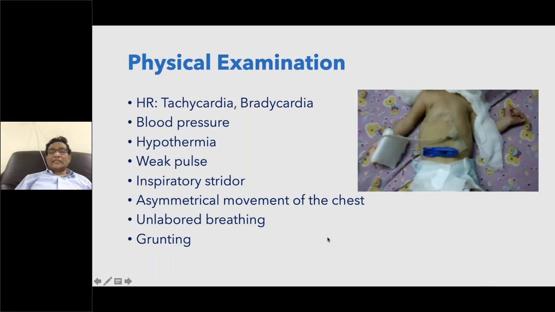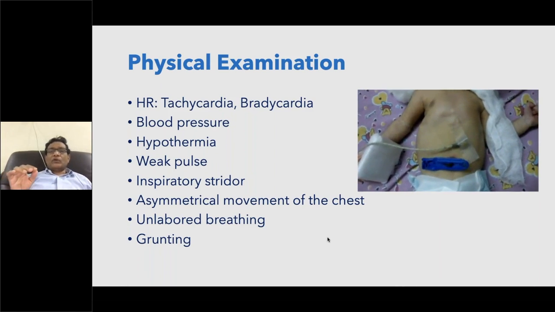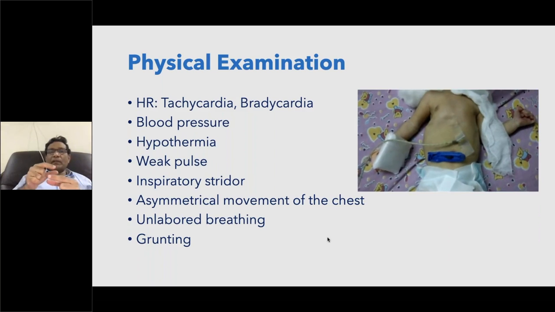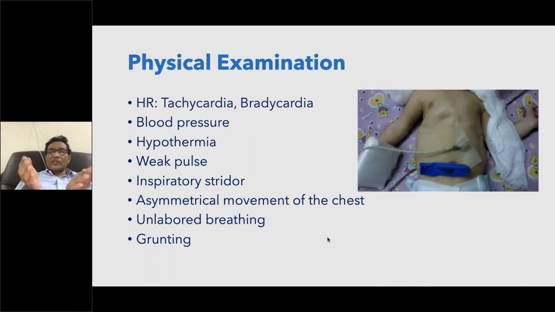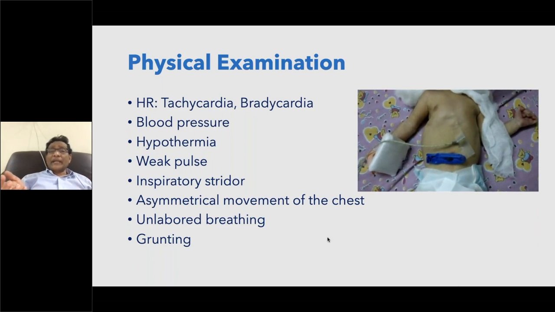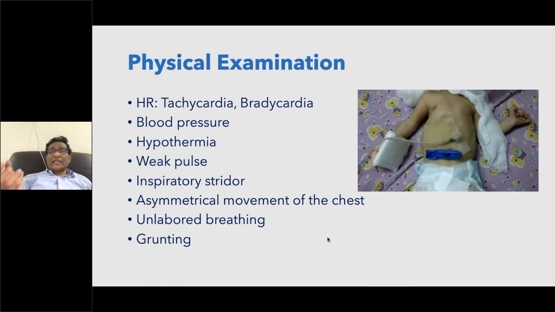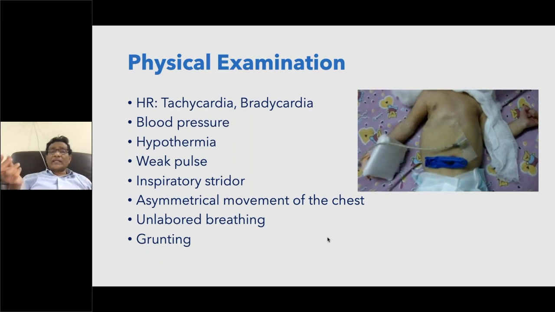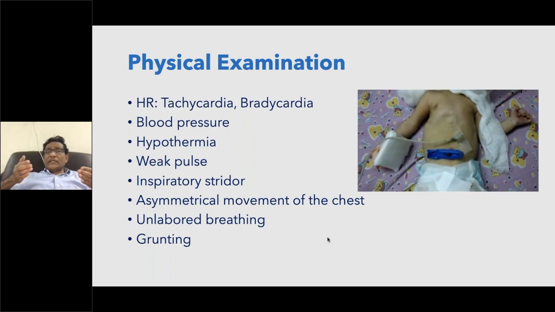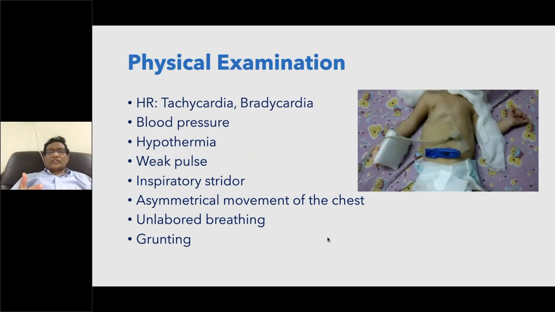Grunting is nothing but a physiological means of PEEP. What do we do with PEEP? Positive end expiratory pressure. We increase the PEEP in certain situations where the alveoli are filled with exudates, like interstitial edema, interstitial lung disease, ARDS, or pulmonary edema. Whatever it is, you increase the PEEP on the ventilator. Similarly, neonates who have pulmonary edema adapt their respiration towards PEEP.